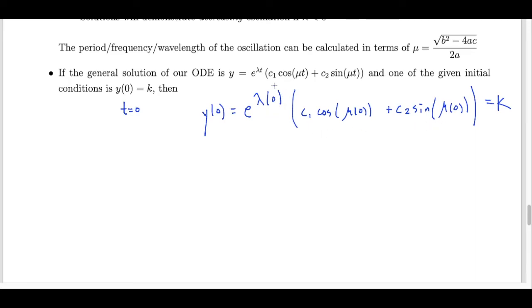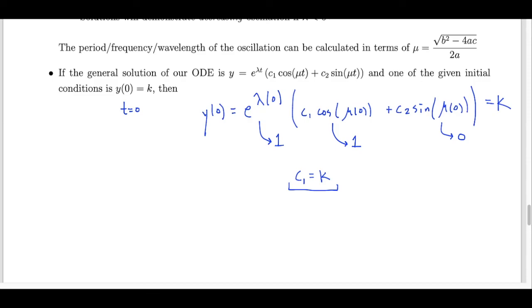So we already saw previously that this exponential, since it's to the 0th power, will simplify to just the number 1. Similarly, cosine of 0 will simplify to the number 1, and sine of 0 will simplify to 0. And so when I've simplified this entire expression, I just have c sub 1 equals k. And this works in general, so this is maybe just an extra little shortcut that you could take when you're dealing with initial conditions.